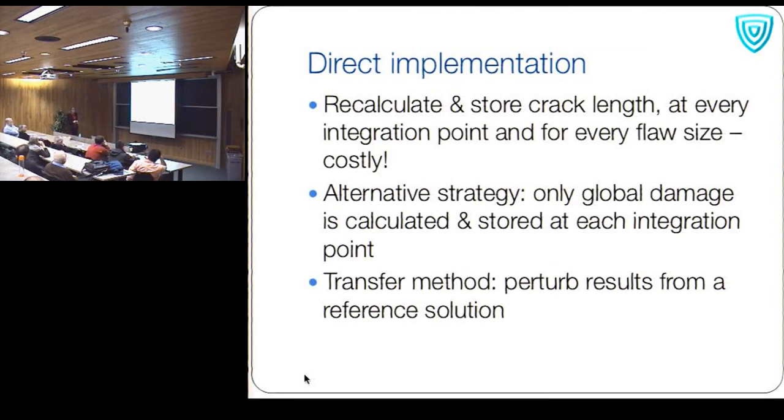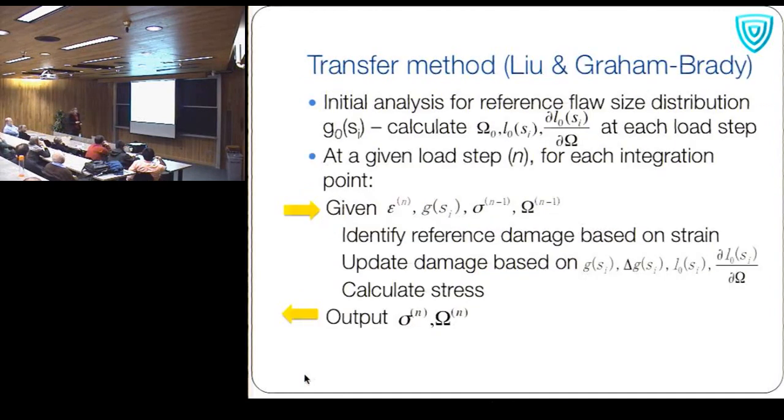So basically what we're doing is only calculating global damage at every integration point because we have the gradients from this reference run. So we're doing a perturbation kind of analysis. I think of it as a reduced order model or a surrogate model.